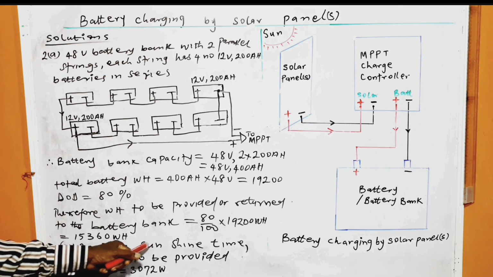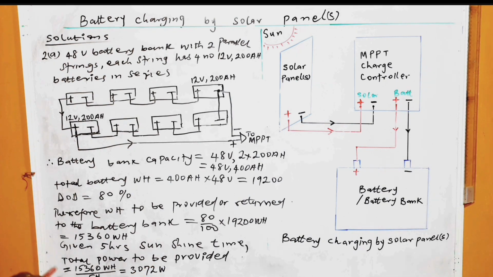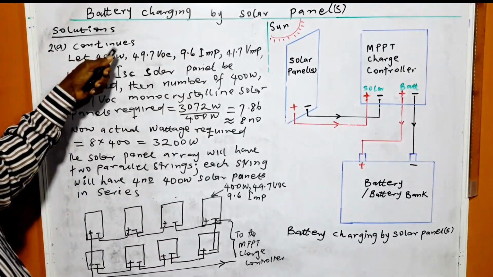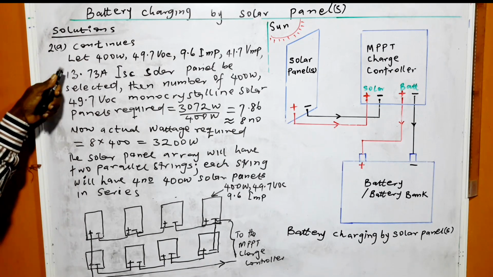Then, given 5 hours sunshine, we calculate the actual wattage by dividing the watt hour by the sunshine time, and that is 3072 watt. 2A continues. That is the solution.